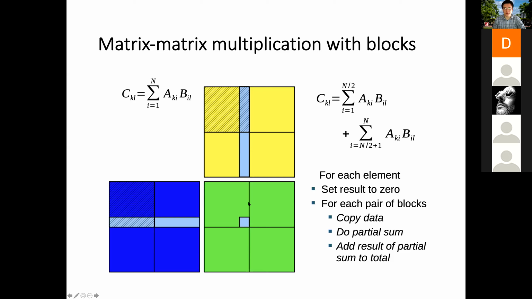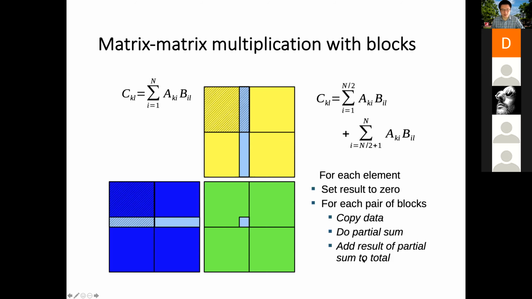If I do the block version, this block of the data would be calculated based on this block of the row and this block of the columns. This is exactly the blocking version of matrix multiplication. First we set the results to 0, and for each pair of blocks, we copy the data, do a partial sum, and add the result of the partial sum to the total.